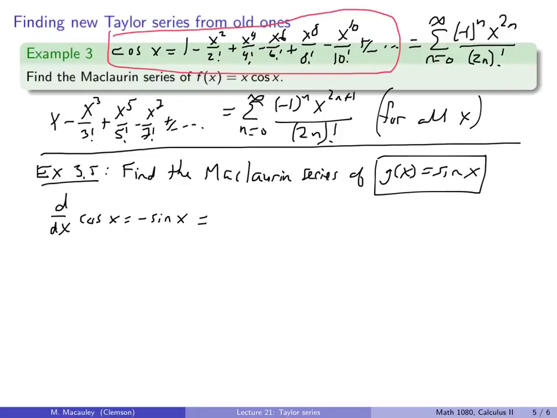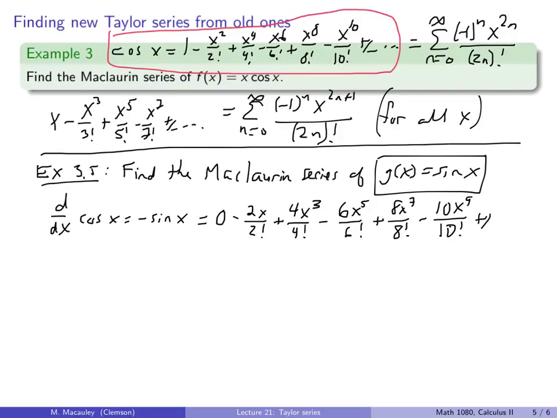Derivative of the first term is 0, so 0. The next one is minus 2x over 2 factorial, plus 4x cubed over 4 factorial, minus 6x to the 5th over 6 factorial, plus 8x to the 7th over 8 factorial, minus 10x to the 9th over 10 factorial, plus, minus, and so forth.